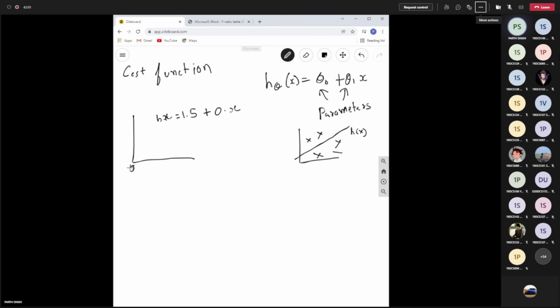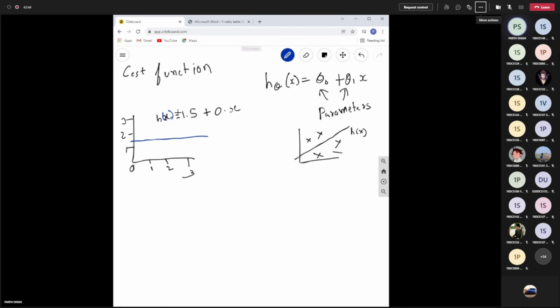Let's say this is 0, 1 2 3, this is 1 2 3, okay, this is our graph. For this equation, h of x equals 1.5 plus 0x, where the value of theta 1 is 0 and theta 0 is 1.5, what line will we get? We will get a line like this.